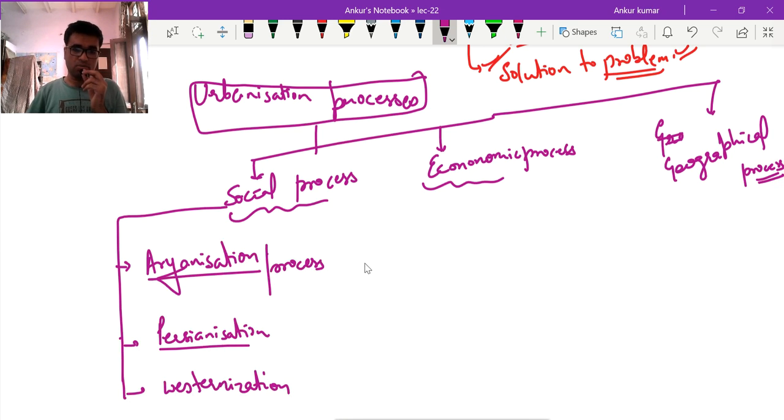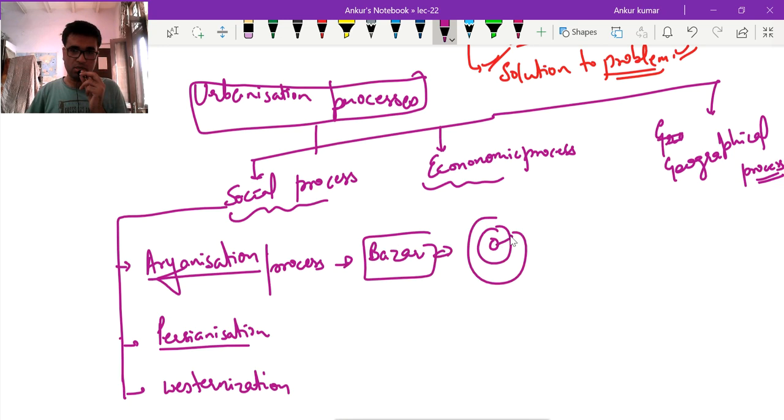Now in the Aryanization process, the urbanization happened, as we know, around the main bazaars, and these bazaars grow outward. The cities in the Aryan period, or even the Persian period, were the main centers of escape. People used to escape persecution from the rural areas, where caste based or religion based discrimination was present.